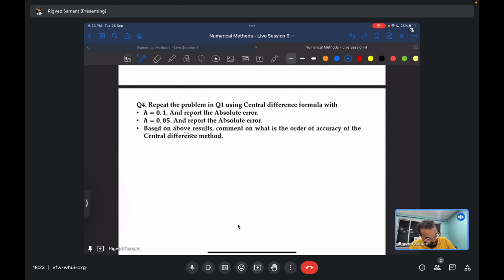So order of accuracy, right? Sorry, this was the question we already discussed in the previous session, so we need not discuss this. This is from numerical differentiation. This question has been already discussed in the previous class, so you can go and check that out.